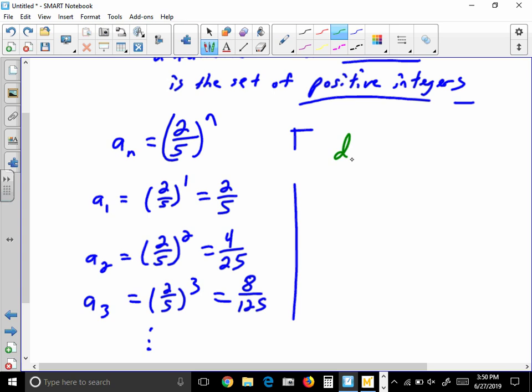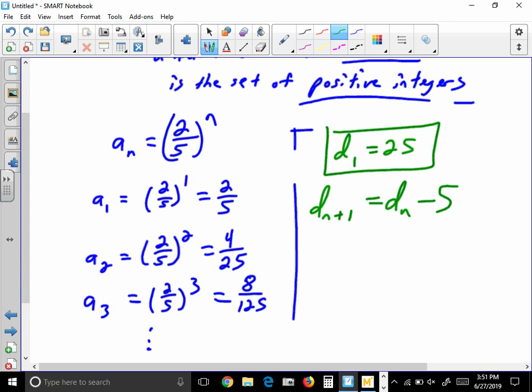Let's suppose we have a sequence where we say the first value in the sequence is 25, and then all future values in our sequence come from taking a previous value and subtracting 5. So if the first value in the sequence is 25, then the second value in the sequence comes from taking the first value minus 5.